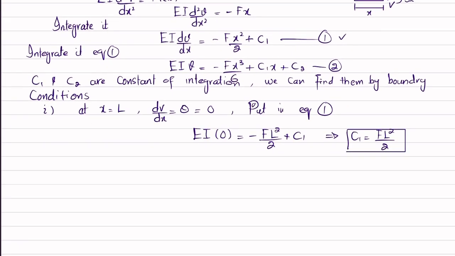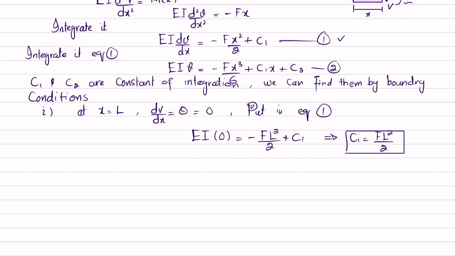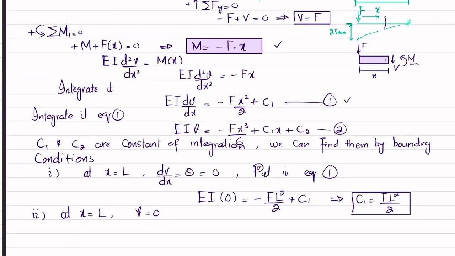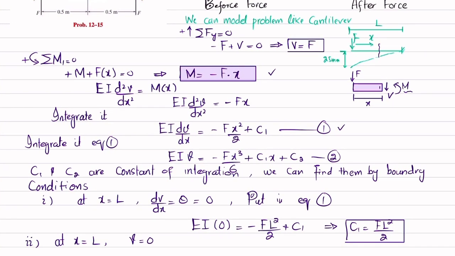Now we will find c2 by using another boundary condition, and that boundary condition is that at x is equal to L, we have deflection is equal to 0. So again from here you can see that at x is equal to L, we have deflection, which is v, equal to 0.